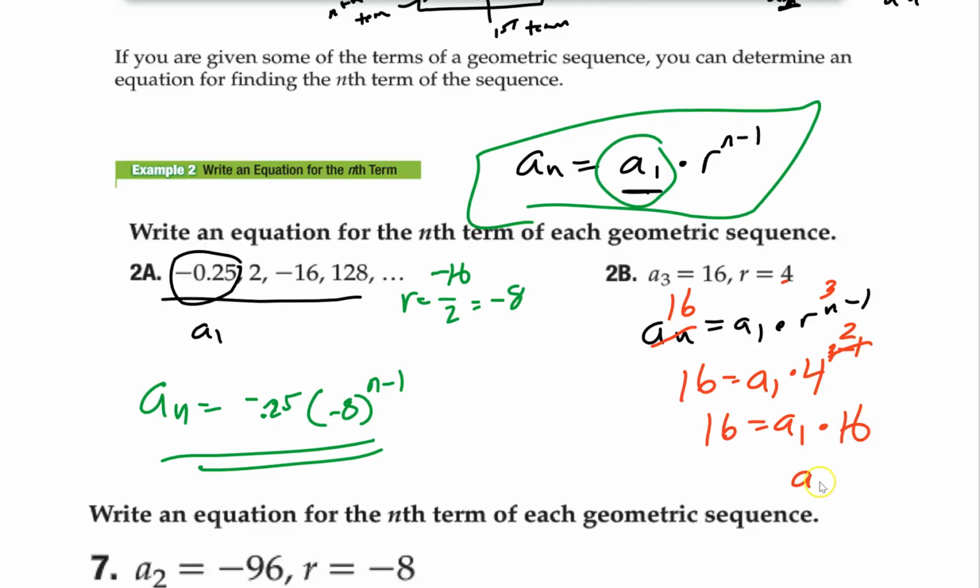Divide by 16, A1 equals 1. That's not the question. The question is what's the formula? So my formula is going to be An equals A1, which is 1, times R, which is 4, to the n minus 1. So very similar to what we did last time, just now with multiplication instead.